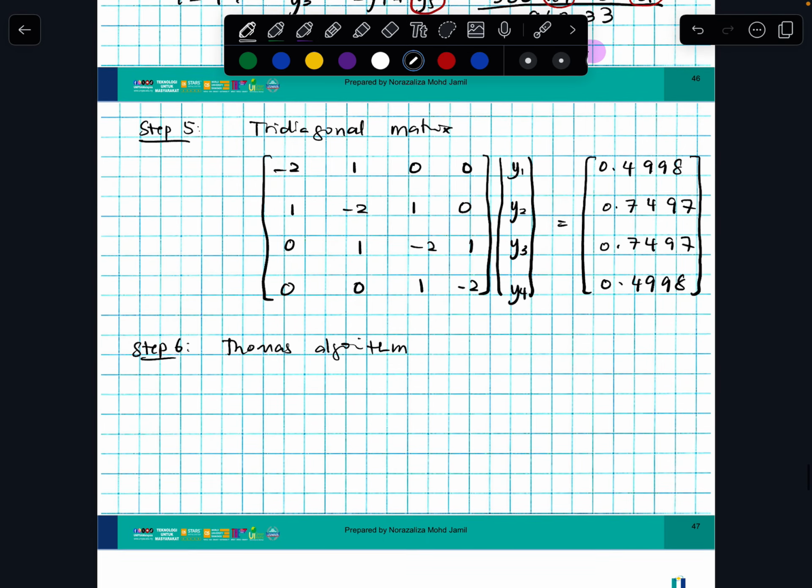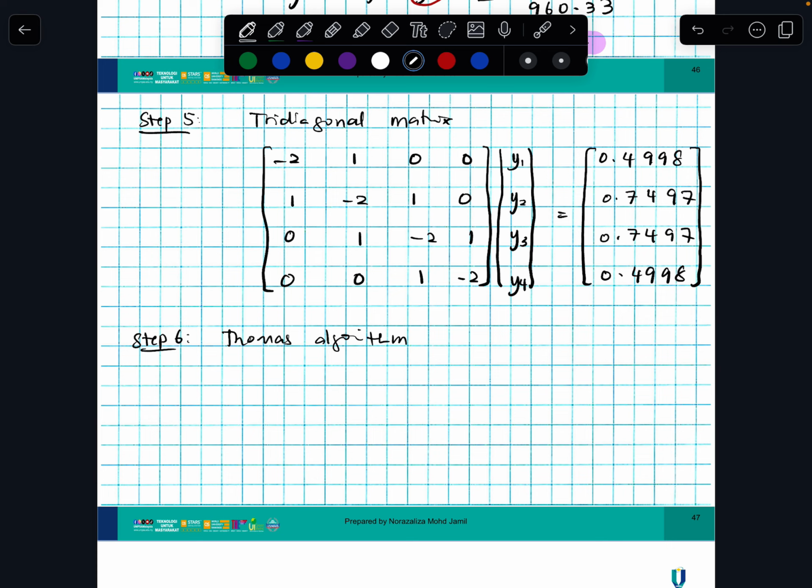So Thomas algorithm has a table as well.